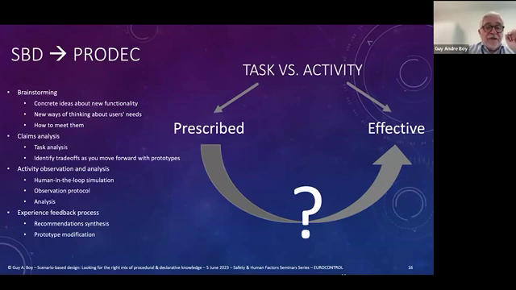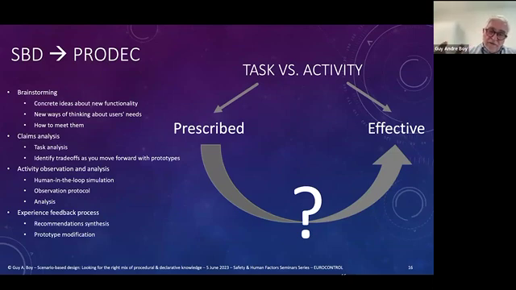And for doing this, the first thing to do is brainstorming. And we have developed methods for that. We have developed the GEM approach, a group elicitation method. I will maybe have time to describe that in a few minutes. It is to put on paper concrete ideas about new functionalities, new ways of thinking about user needs and how to meet them.